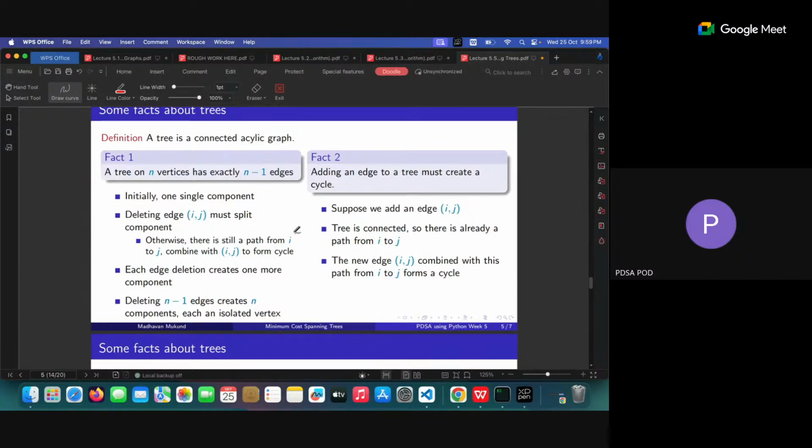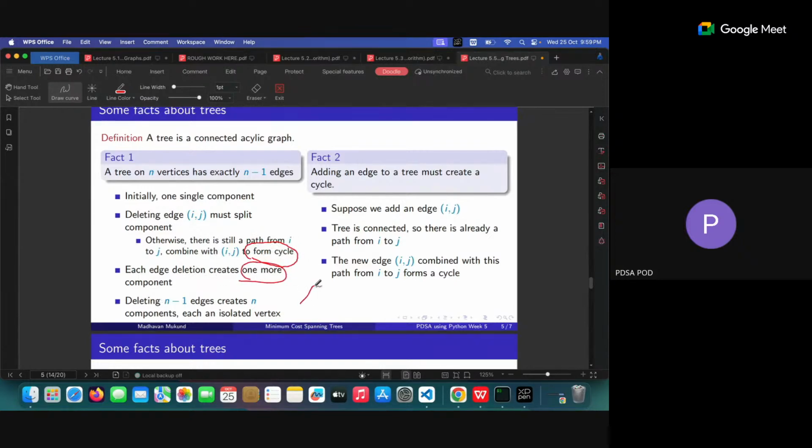If you remove any edge, it definitely separates that into 2 different components, which means 2 different trees, 2 different graphs. Otherwise there would still be a path from I to J, and then you would have a cycle. Even if you disconnect, if the graph is still there, it means definitely there is a cycle. So each edge deletion creates one more component.